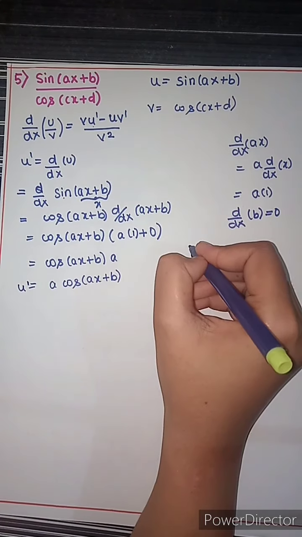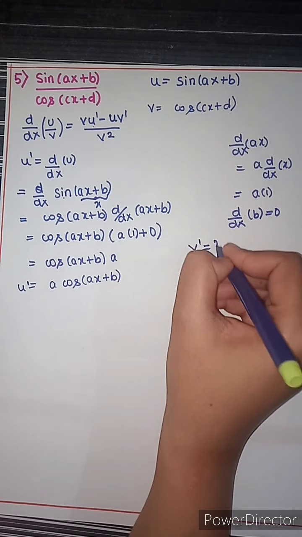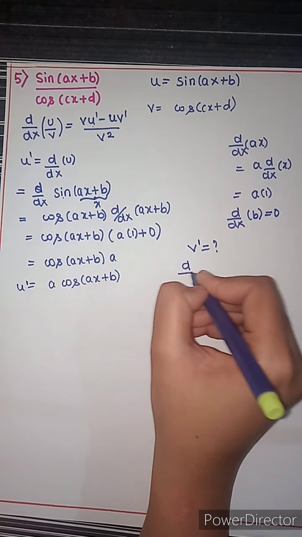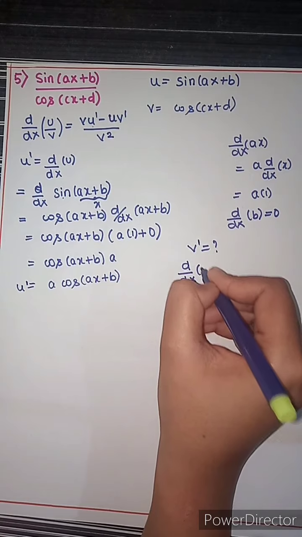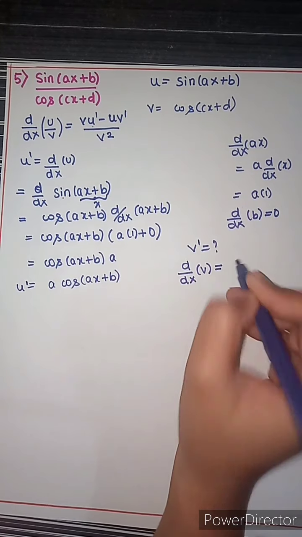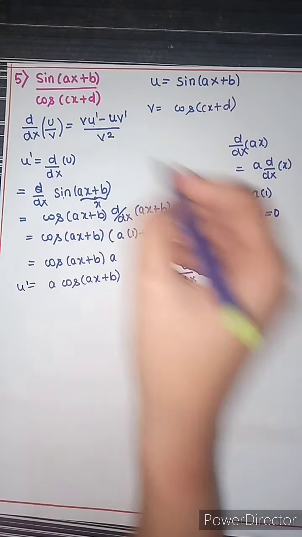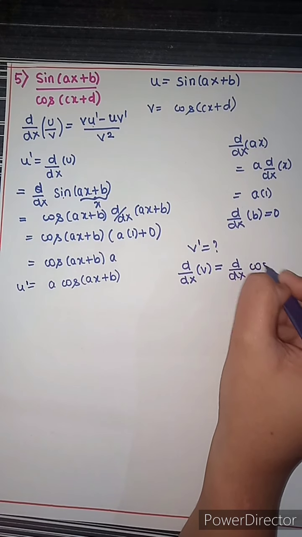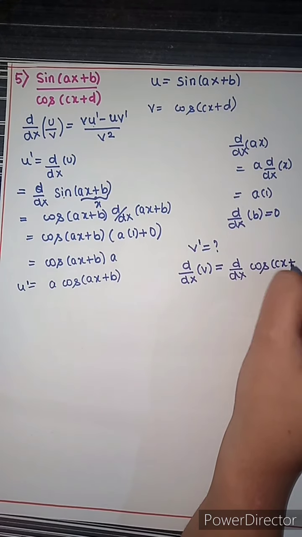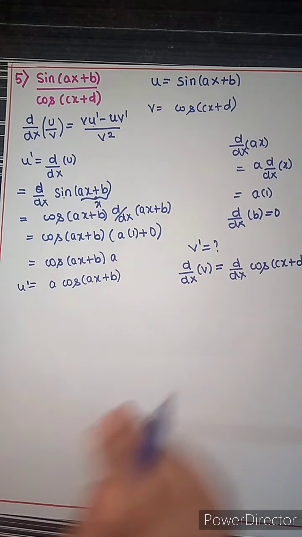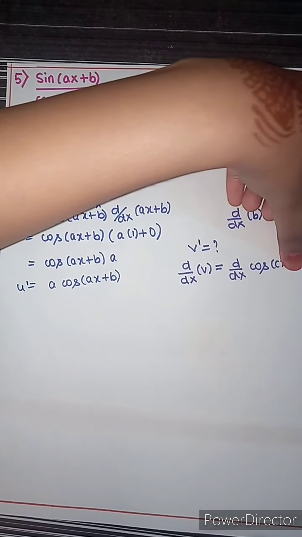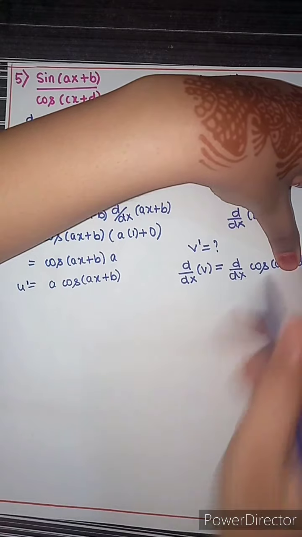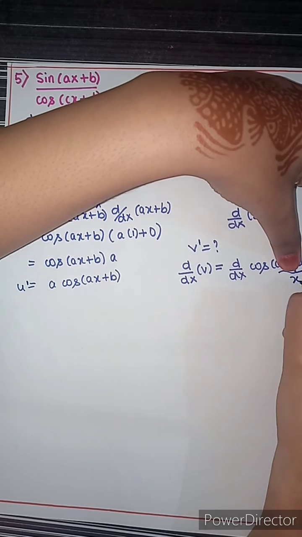Now let's find v dash. For that we have to differentiate v with respect to x. So what is v here? Cos of cx plus d. Forget this cx plus d, think of this as x.